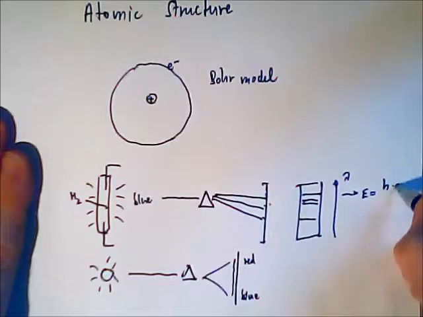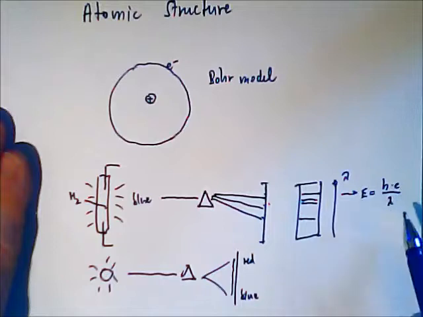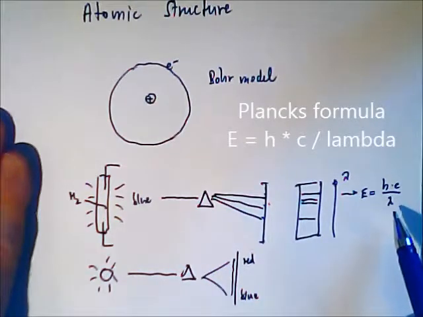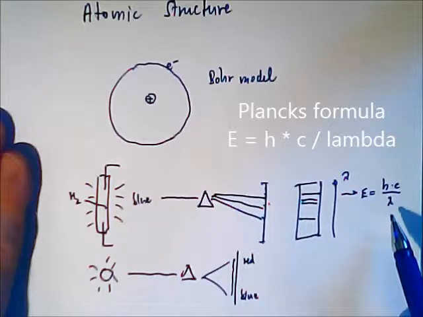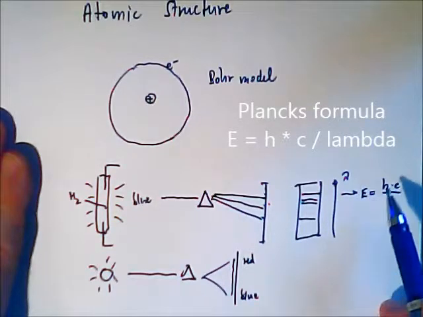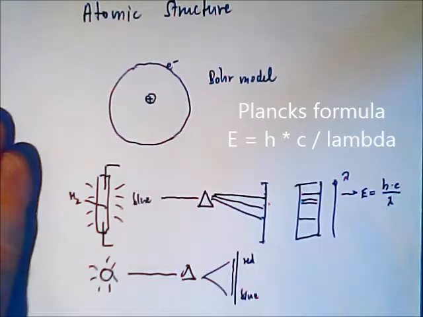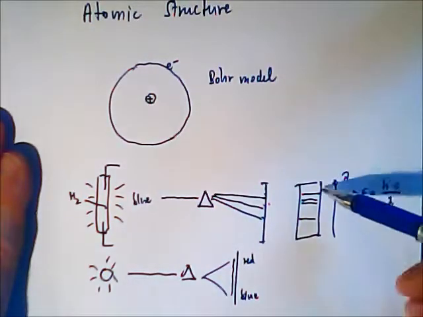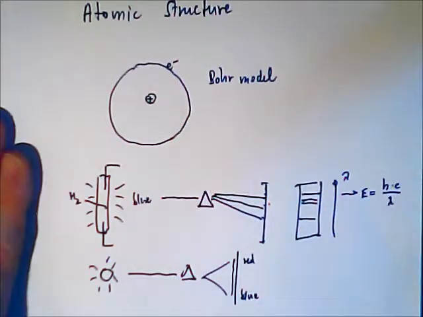And we should remember Planck's formula between the energy and the wavelength of an electromagnetic wave, like light. The energy is h times c, which is a constant, divided by lambda. So every wavelength we get here corresponds to an energy.